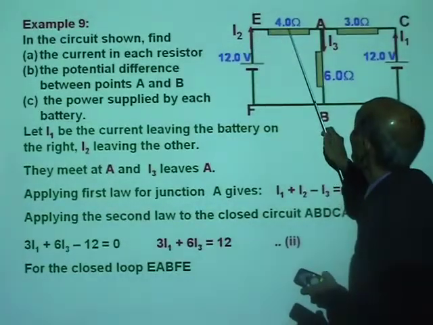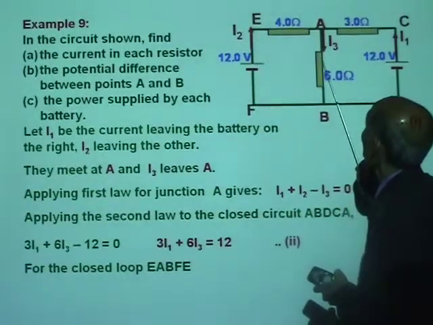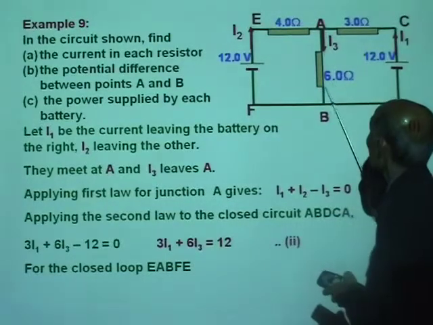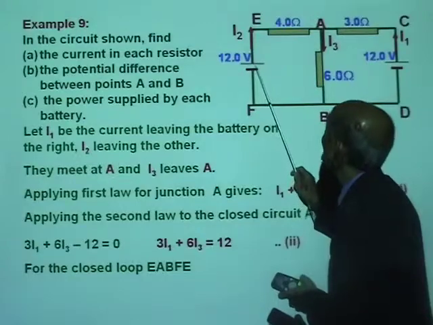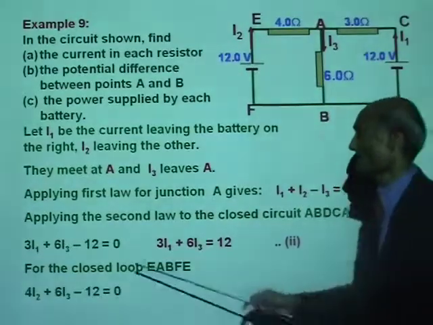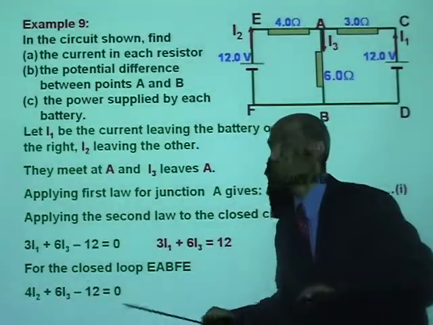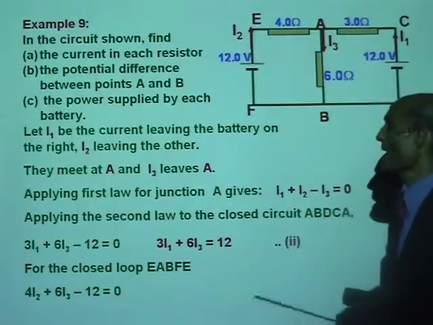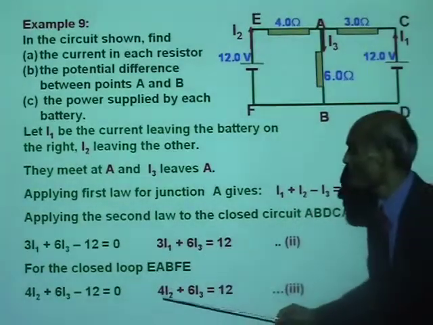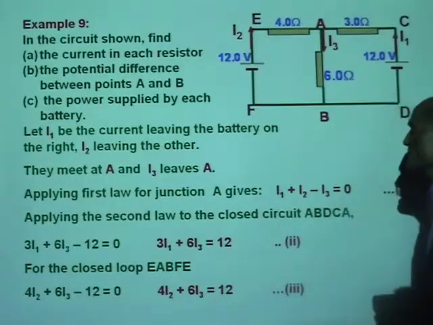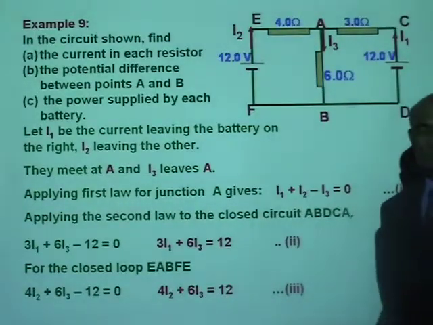I2 is the current there. And the potential drop in the 6 ohm is 6I3. And the potential drop in the cell is negative 12. And we have 4I2 plus 6I3 minus 12 equal to 0. And that gives me 4I2 plus 6I3 equal to 12.